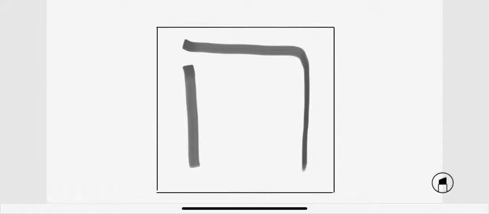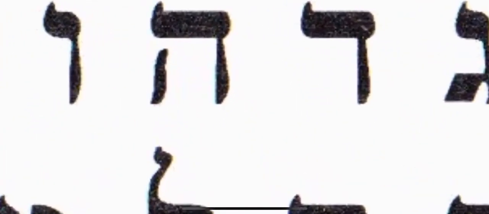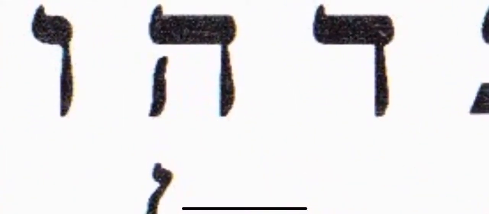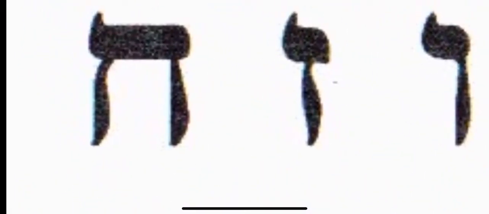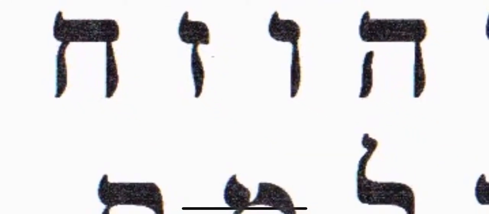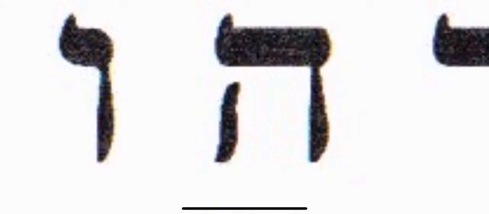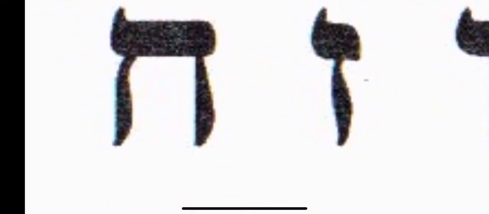This letter, once again, looks a lot like another letter. This ha looks a lot like the cha. You see that at the end right there? The only difference is there's a space in between on the ha and there's no space on the cha.